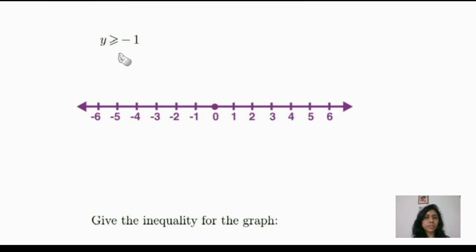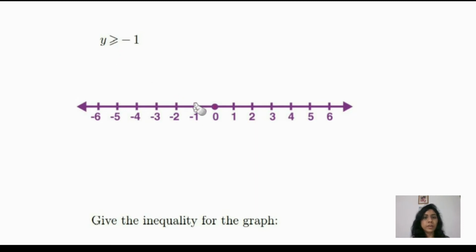Now this is another question. Here it says y ≥ -1. It means all numbers bigger than -1. So y can be -1 because there is an equal sign also, correct?